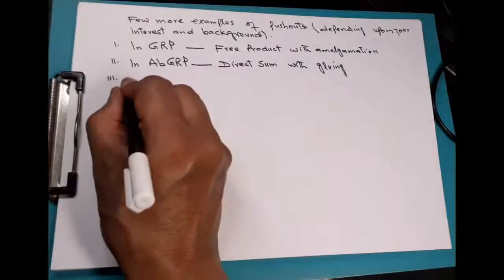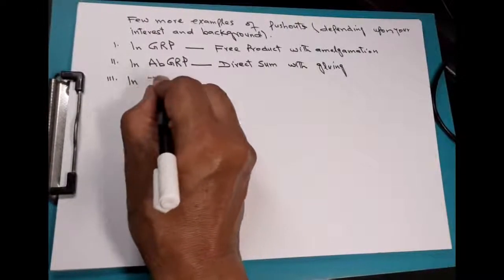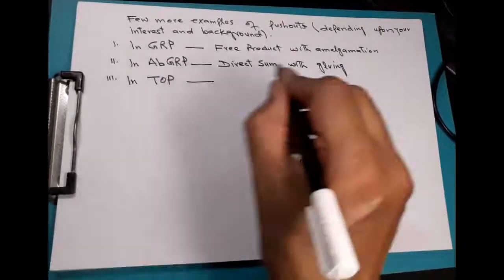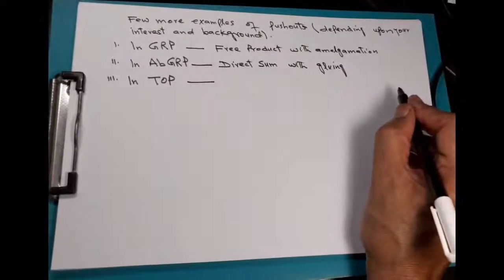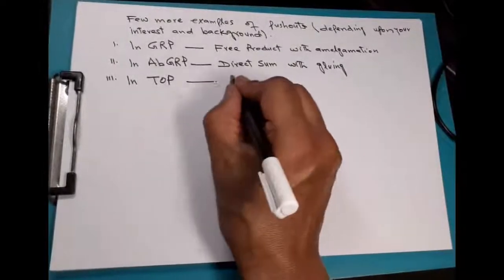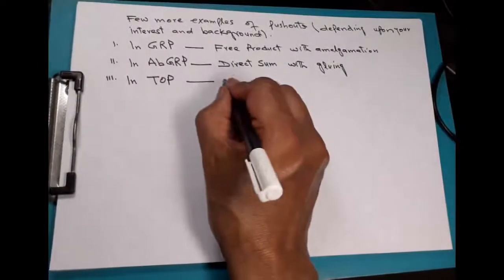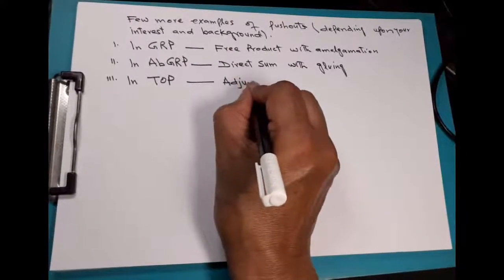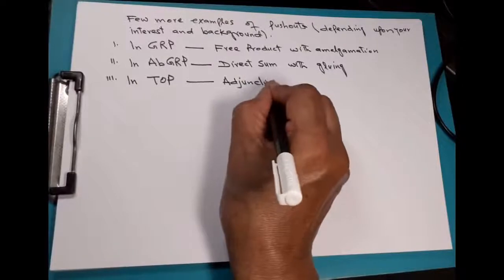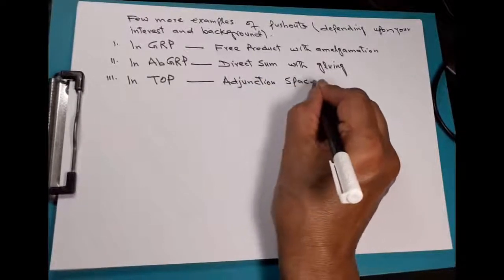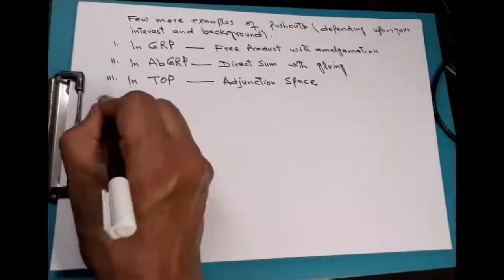And thirdly, in the category of topological spaces, the adjunction space is an example of push out.